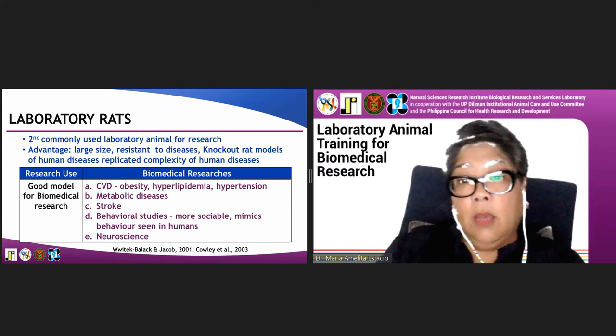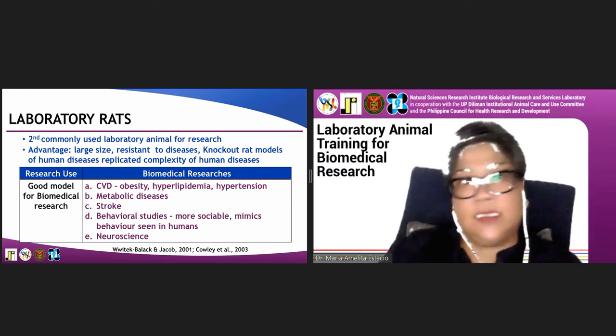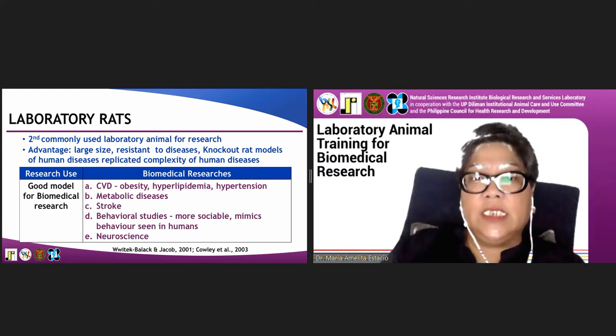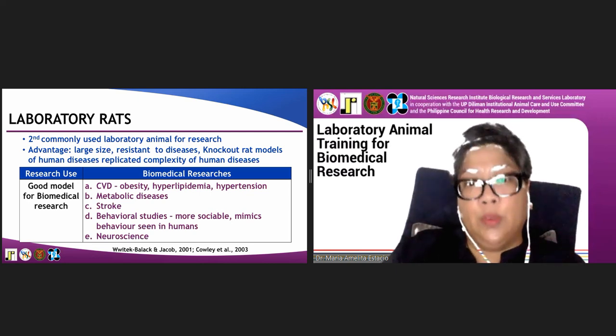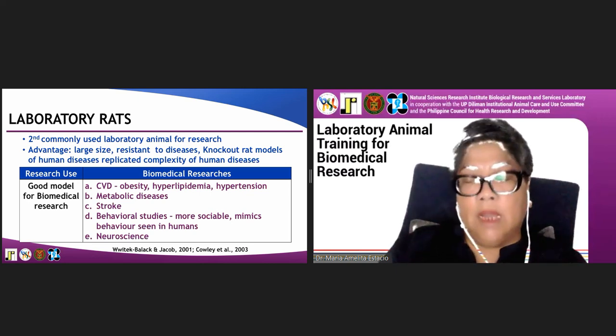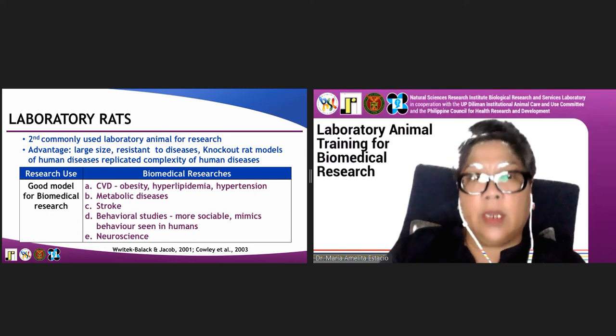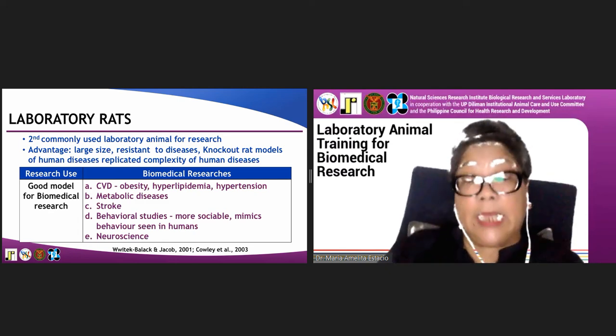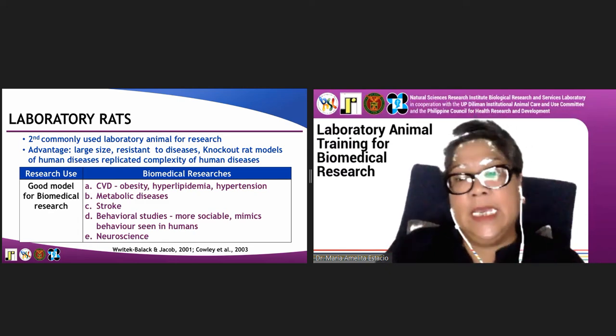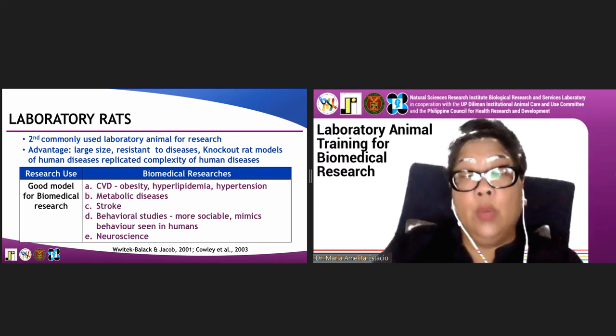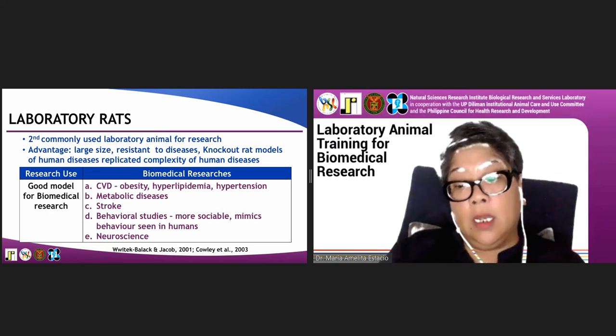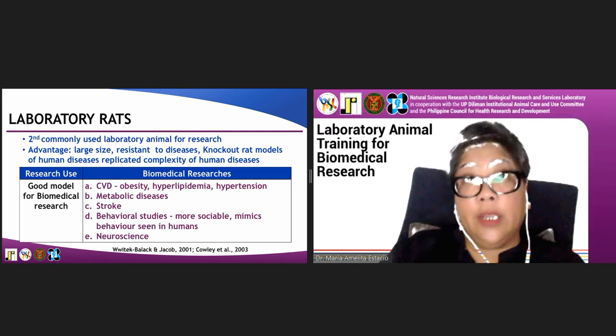We're also doing behavioral studies. Rats are very good models because they mimic the behavior of humans. And a lot of the neuroscience work uses laboratory rats because of their bigger size and resistance, of course, when you're doing brain or stereotaxic surgeries.